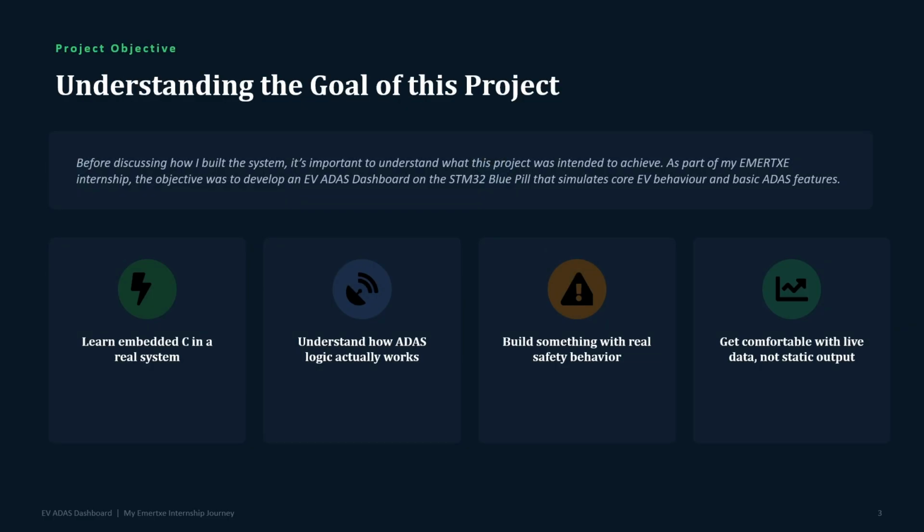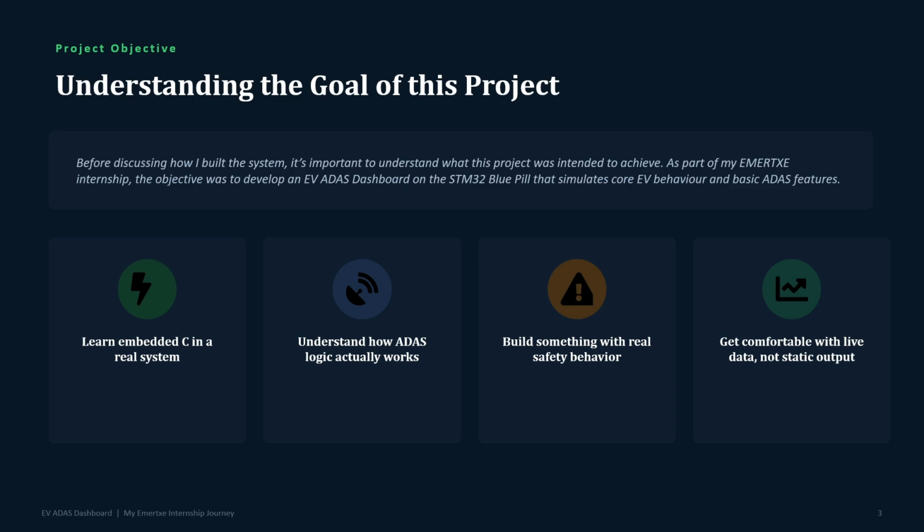Before getting into the implementation, it's important to understand what this project was actually meant to achieve. The main objective was to move beyond basic embedded programming and build something that resembles a real automotive embedded application.